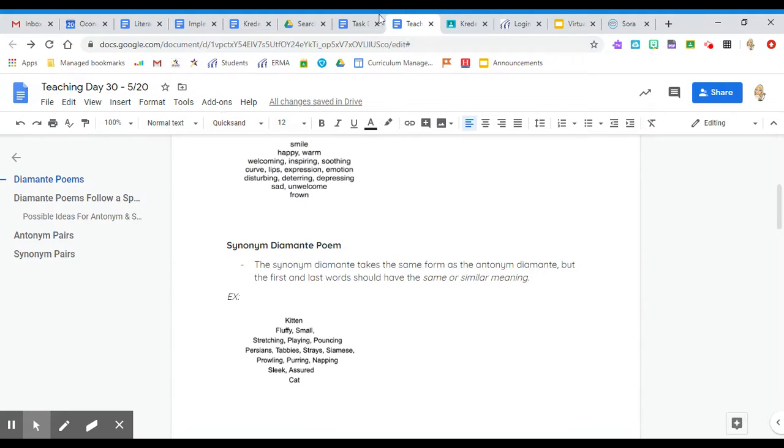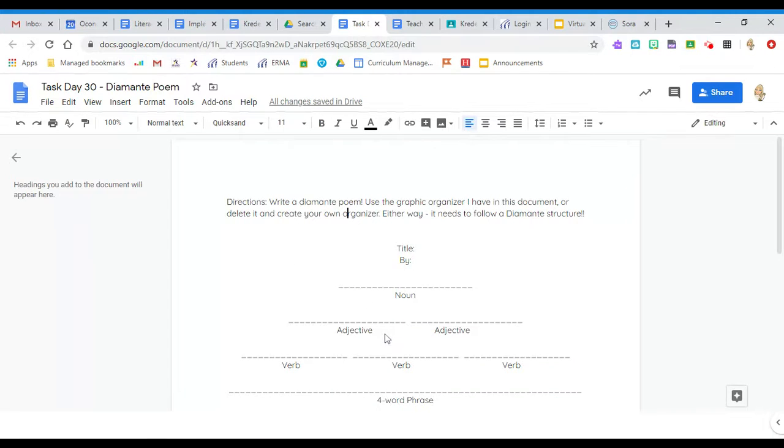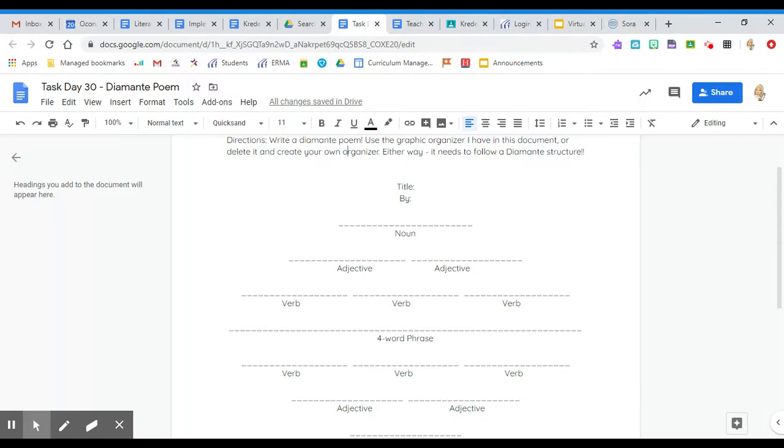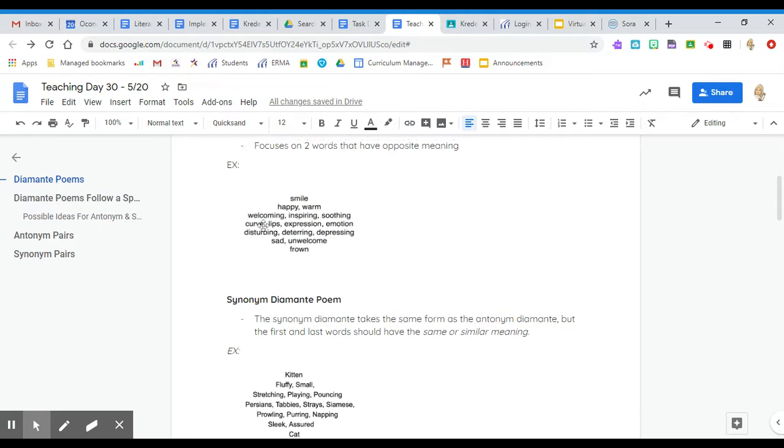But it could also be, as I have written in your task, a 4-word phrase that relates. It should relate to both your nouns. You see it says curved lips, expression, emotion. That could relate to both of these, even though they're opposites. Disturbing, deterring, depressing, sad, unwelcome, frown.